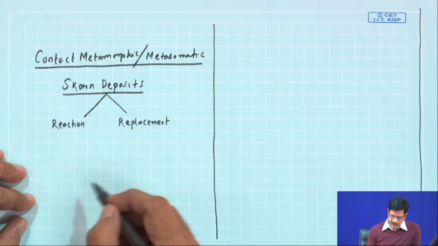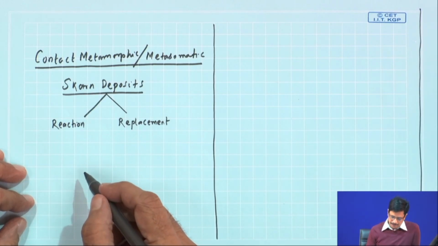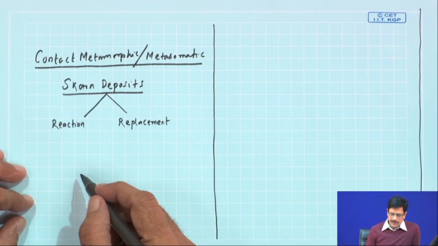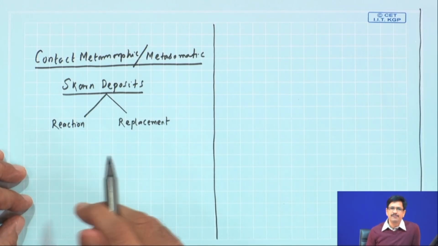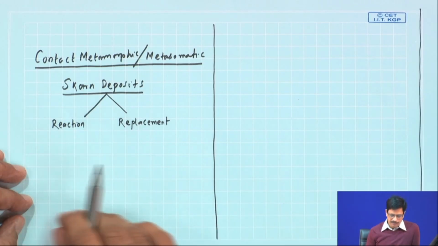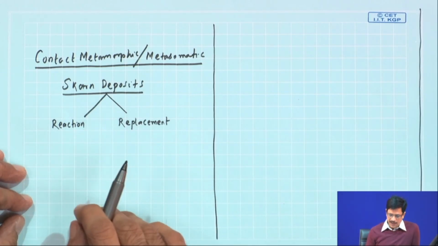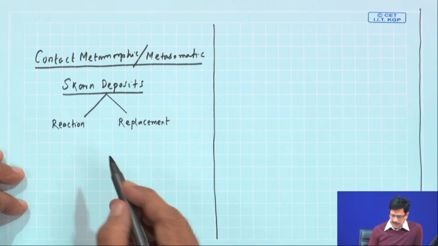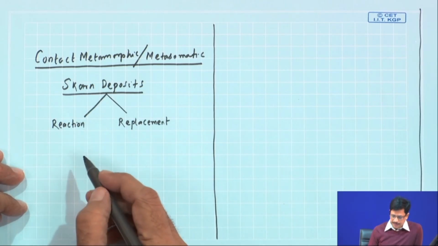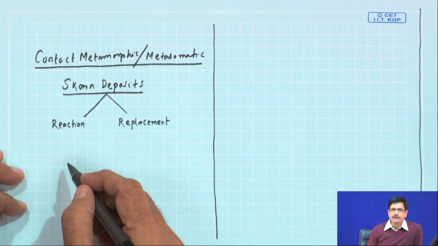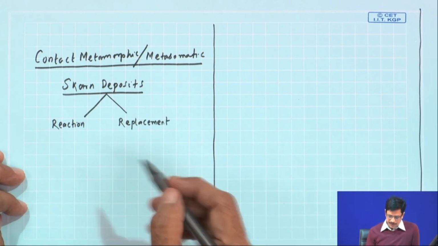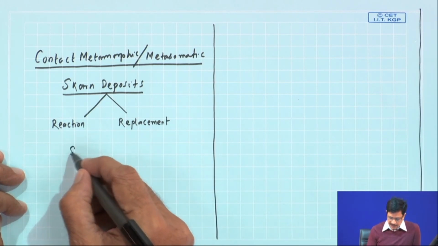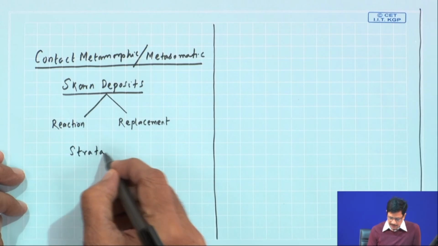In general, these skarn deposits result when a felsic intrusive body comes in contact with the rocks through which it intrudes and is emplaced in the surroundings. Here these deposits are observed to be confined to a specific lithologic horizon. So, that is why you can call them broadly strata bound.